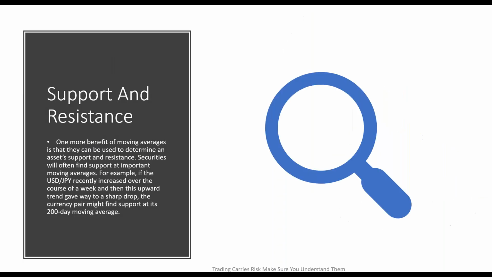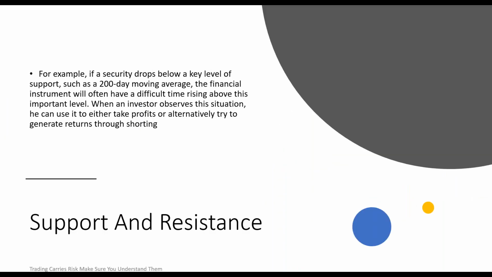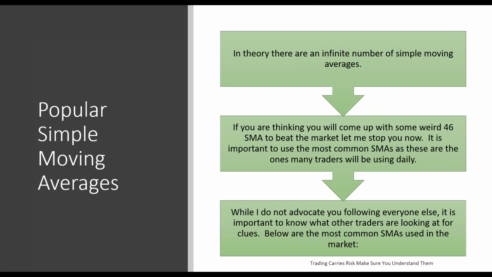So there are standard time frames that we use. In theory, there's an infinite number of simple moving averages. If you're thinking that you can come up with some weird 46 SMA to beat the markets, let me stop you now. It's important to use the most common SMAs and EMAs, as they are the ones that traders will be using all the time.